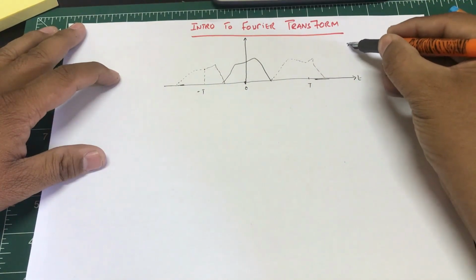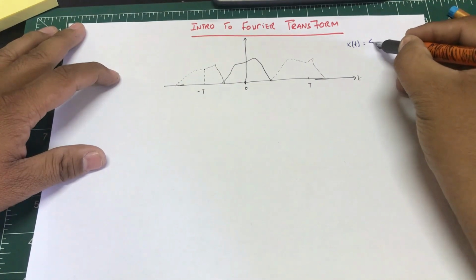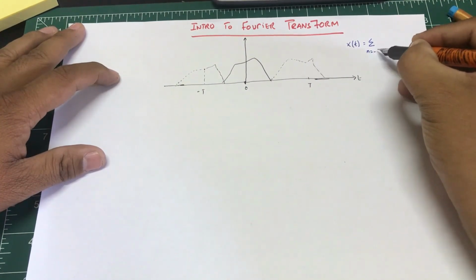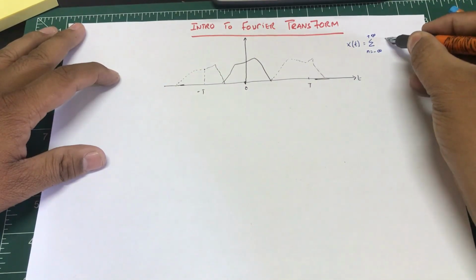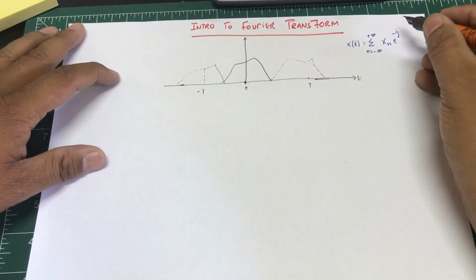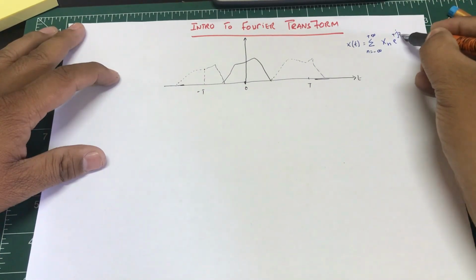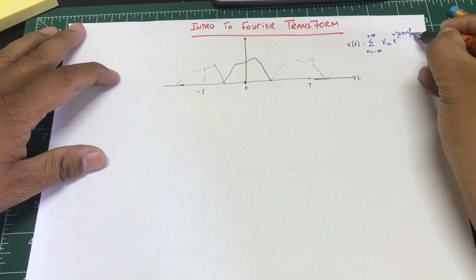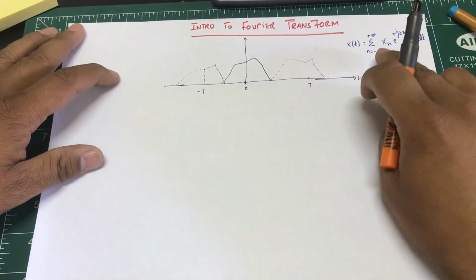That was the definition of Fourier series, which was given as x of t equals the sum as n goes from negative infinity to positive infinity of x of n e to the positive j 2 pi n f naught t. This is one of the forms.